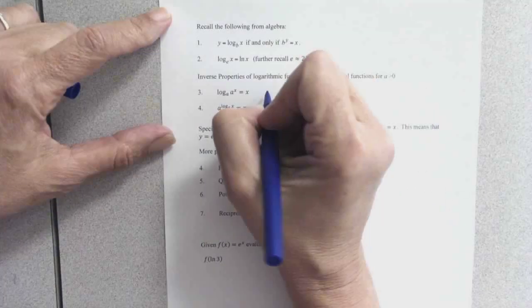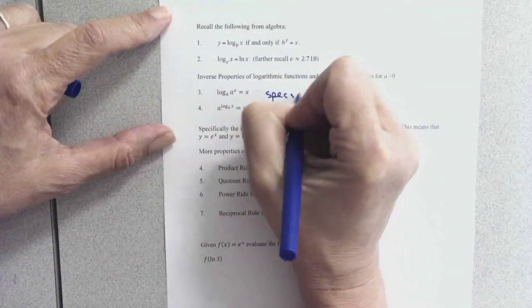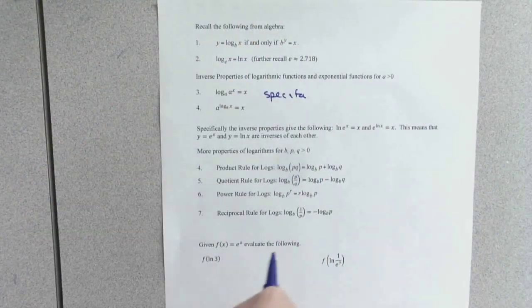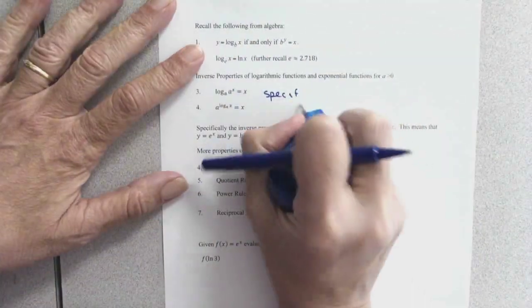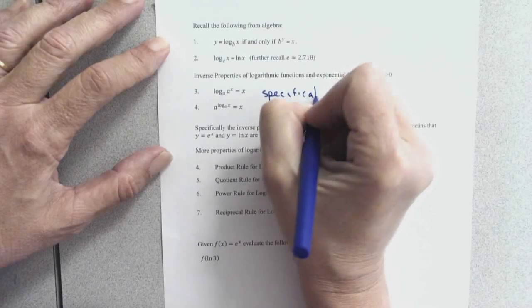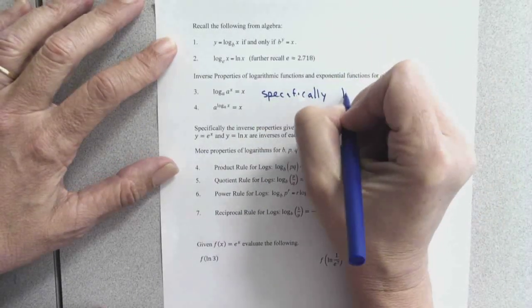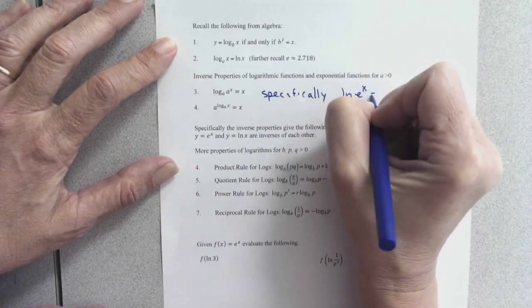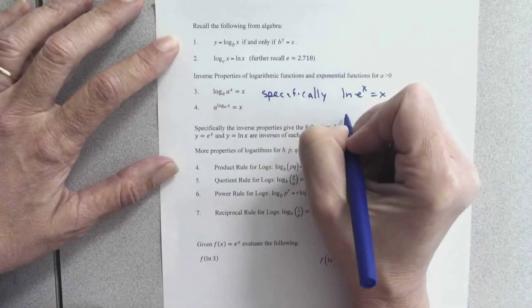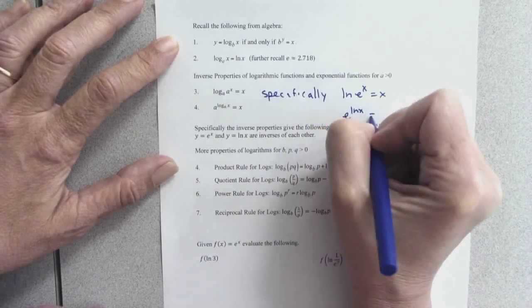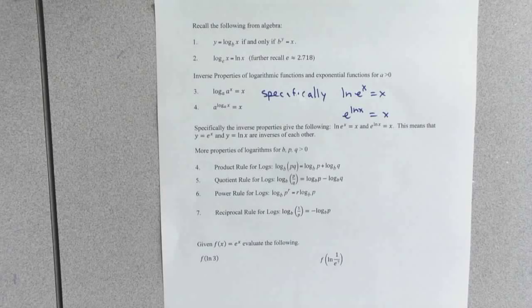And then specifically, because this is going to creep up over and over again, natural log of e to the x is x, and e raised to the natural log of x is x.